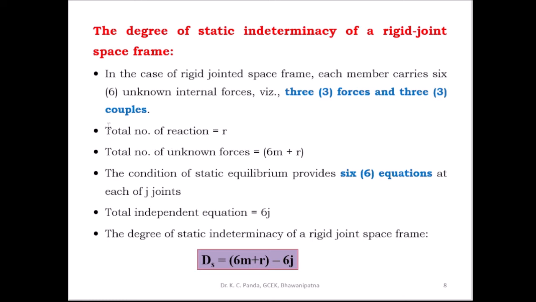And the total number of reaction components is equal to r. So what is the total number of unknown forces? The total number of unknown forces is equal to 6m plus r. 6m is the internal forces, and r is the external reaction components or external forces. So this total is the total number of unknowns.